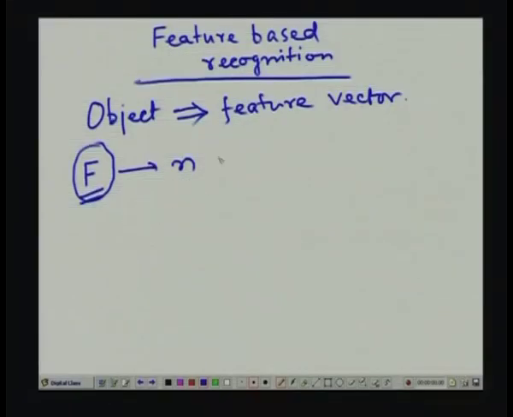So, if I plot all these feature vectors in that n dimensional space, and the particular class contains k number of objects, I will get k number of feature vectors, and the k points corresponding to these feature vectors in our n dimensional space will be placed close to one another. So, these points will try to form a cluster in the n dimensional space.